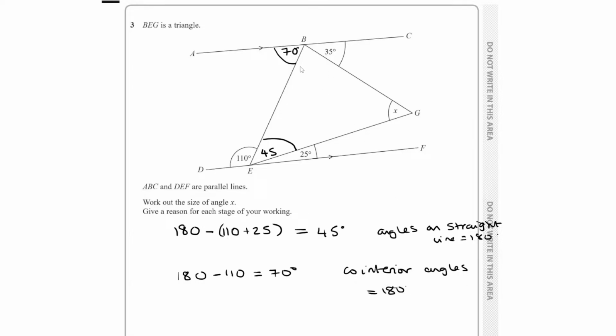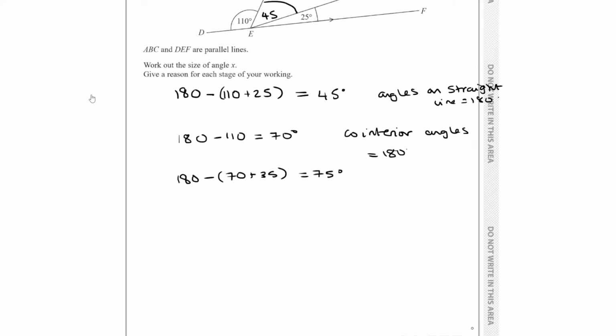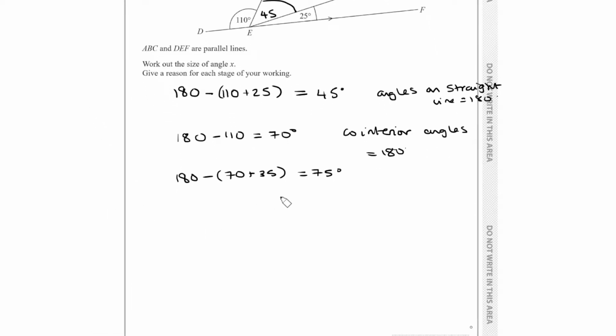And then the last thing, here we can work out that angle inside the triangle. So again, another 180 minus 70 and 35. That should be 75. And then finally, it's all in a triangle, isn't it? So you could work out x. So it was 75, wasn't it?